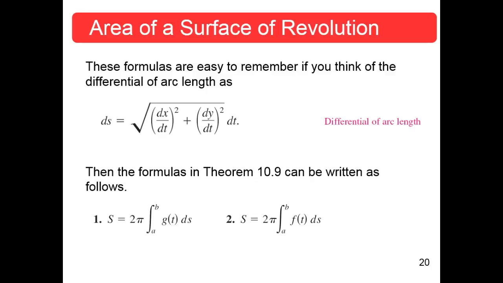In other words, revolved around the x-axis it's 2 pi y ds, and around the y-axis, 2 pi x ds. But everything's in terms of t, including the ds. So x and y, and the ds, still go in terms of t.